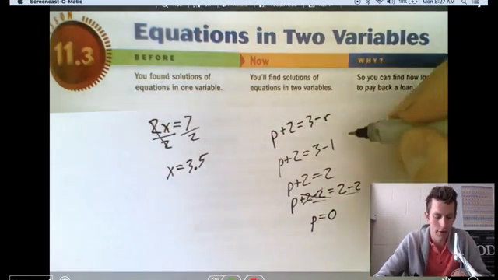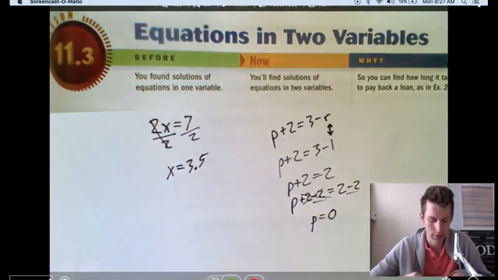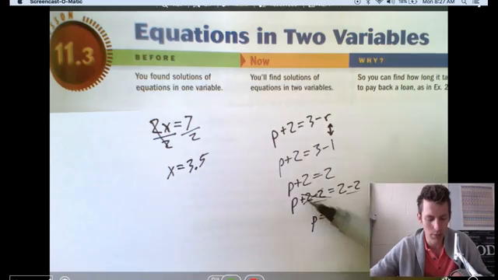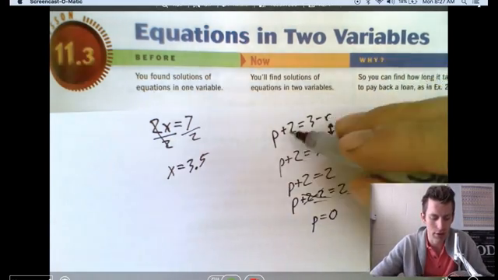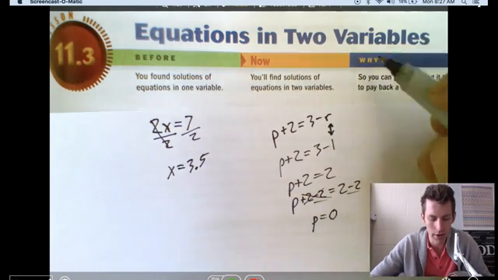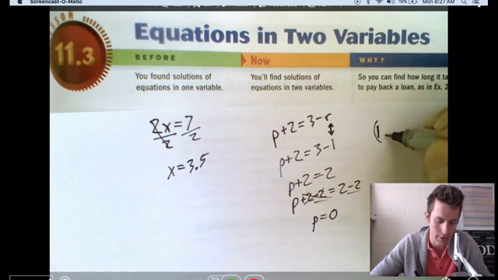So if r is 1, then p would equal 0. That is a solution to this equation in two variables. r would be 1, and oftentimes we write this as an ordered pair, and p would be 0.